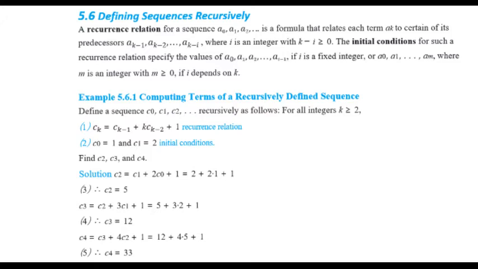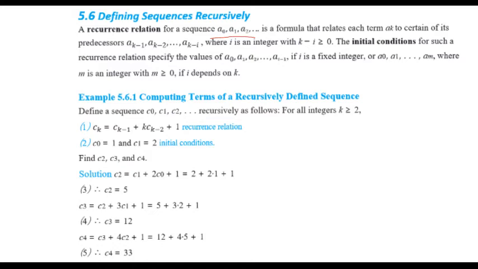So basically a recursive relation for a sequence like this, a0, a1, a2 all the way to infinity, is a formula that relates each term, a sub k, to certain of its predecessors, a sub k minus 1, a sub k minus 2, all the way to a sub k minus i, where i is an integer such that k minus i is greater than or equal to 0, or i is an integer less than or equal to k.